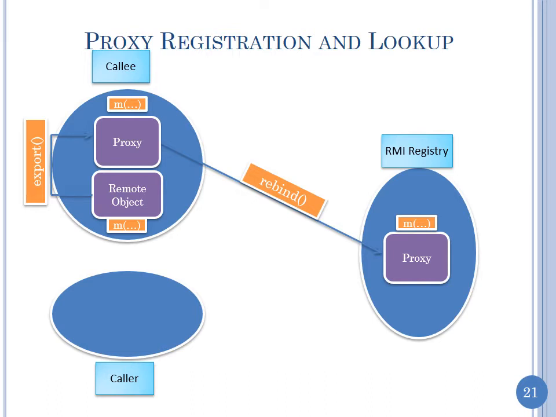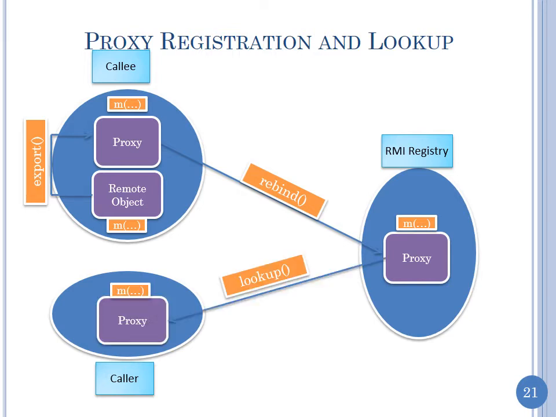That proxy knows how to reach the remote server. From there, you can look up the proxy from another process. So we have the export operation that says create a proxy. We have the register operation that says take this proxy and make it available to other clients. And then the lookup operation that looks it up. The lookup and register operations are operations any name server will have.